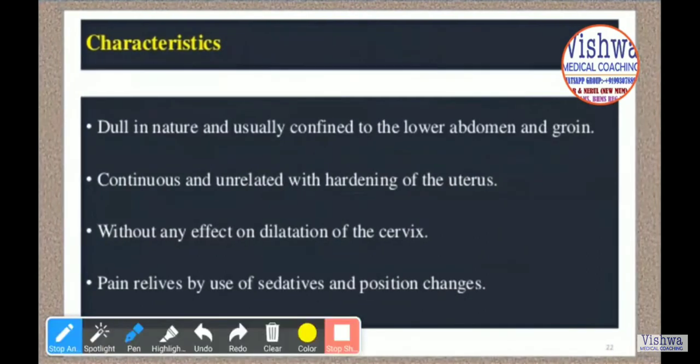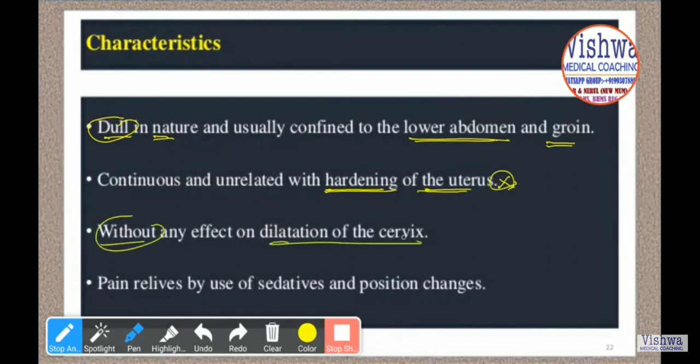Then what are the characteristics of false labor? They are dull in nature, confined to the lower abdomen and the groin. They are not related to hardening of the uterus. They don't make the uterus hard, and there is no effect on cervical dilatation. The cervix does not dilate because of that.